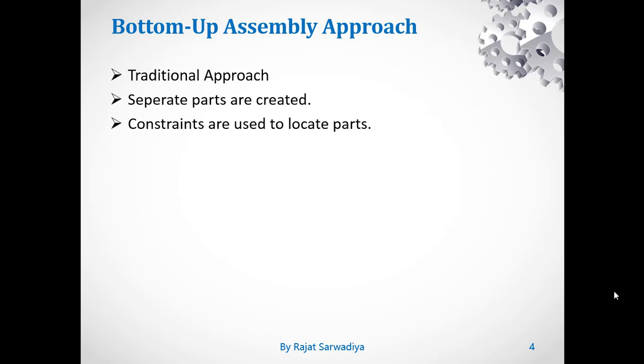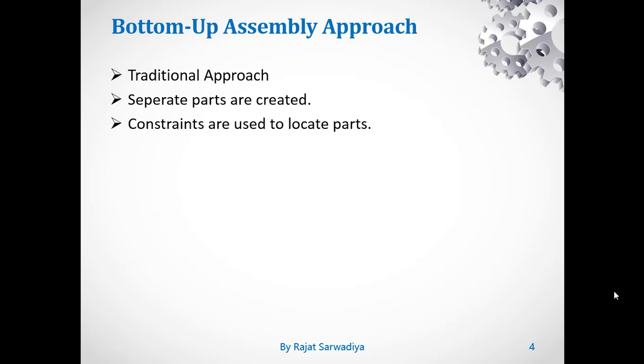To align the parts, we again use constraints, but this time these constraints are assembly constraints. These are not the constraints which we had seen in the sketcher, but these are similar assembly constraints we have.